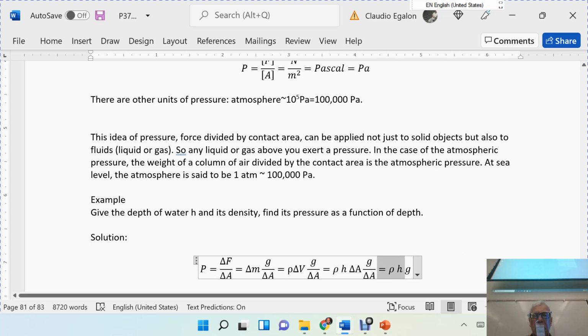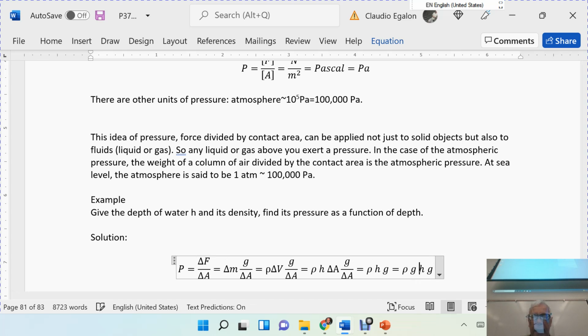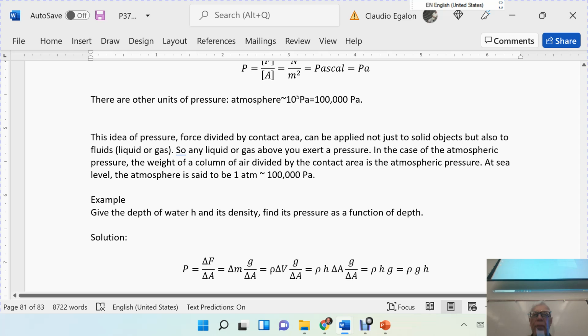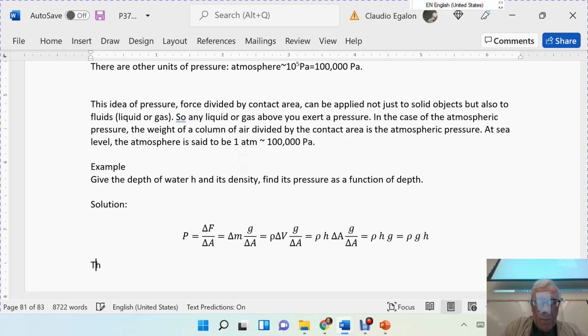Rho g is called the weight density, not the weight, but the weight density. That's the pressure due only to the fluid.